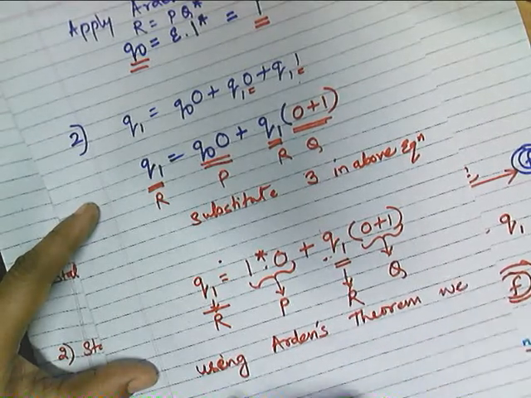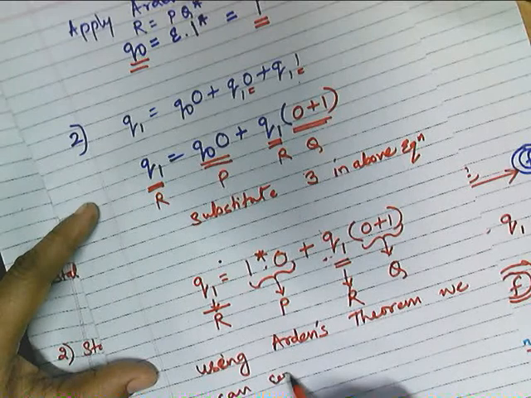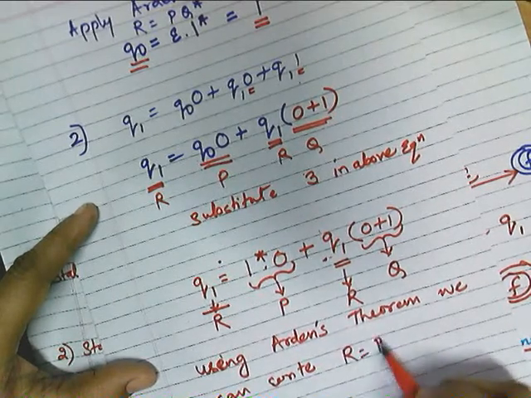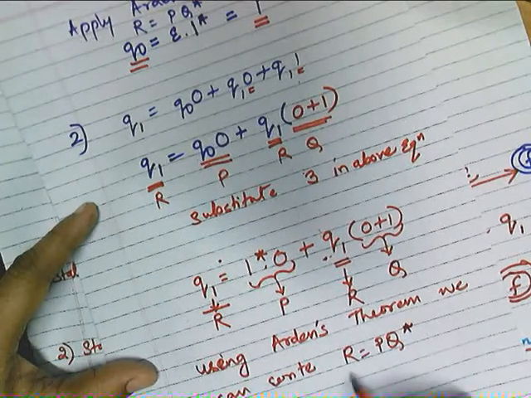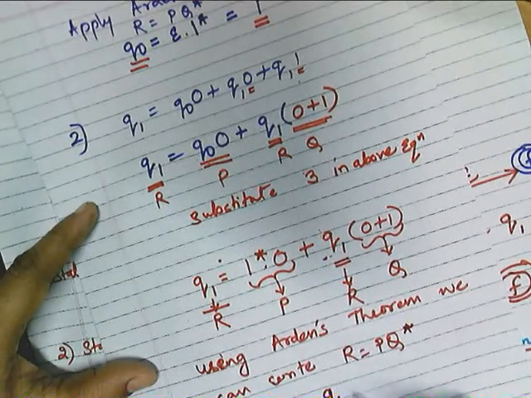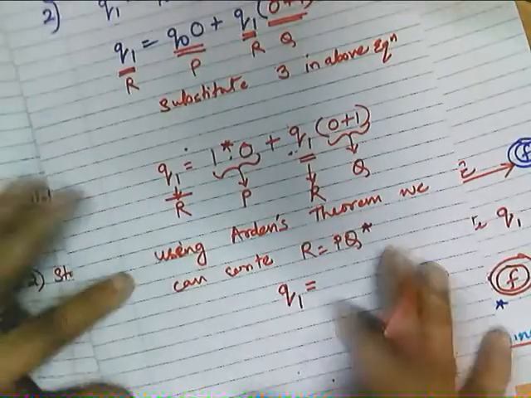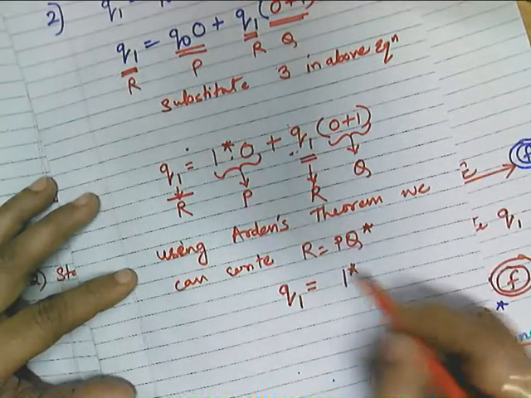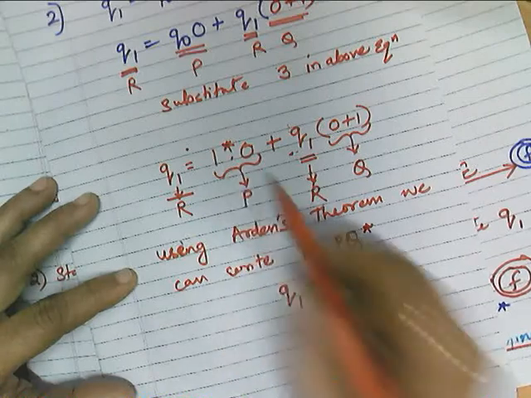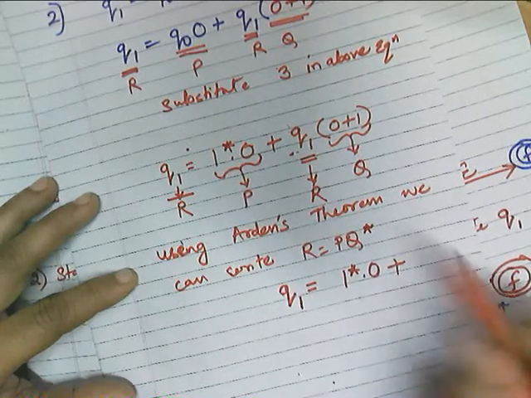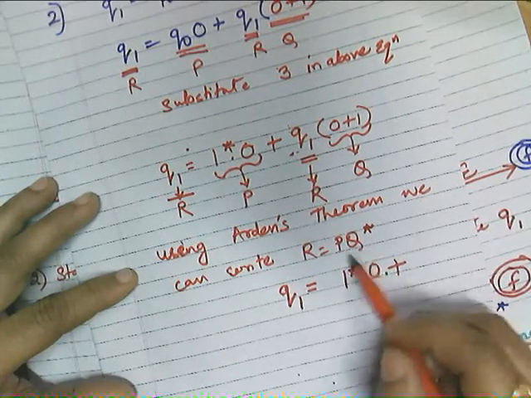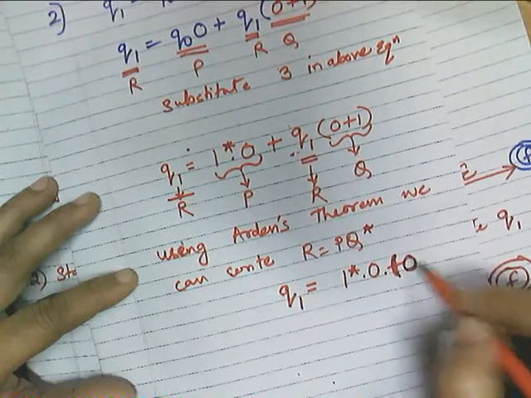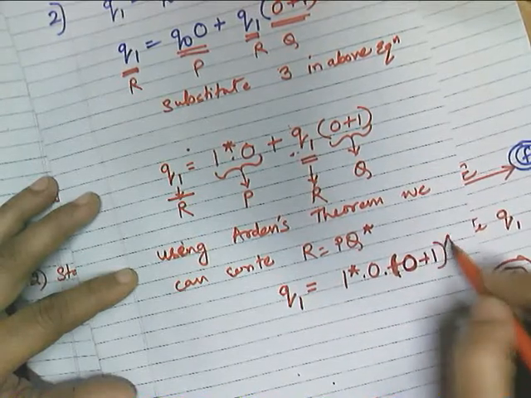What can we write? R is equal to P Q star, that is Q1 is equal to, what is my P? 1 star dot 0, right? Plus, sorry, dot Q star. What is my Q star? My Q star is 0 plus 1 whole star.